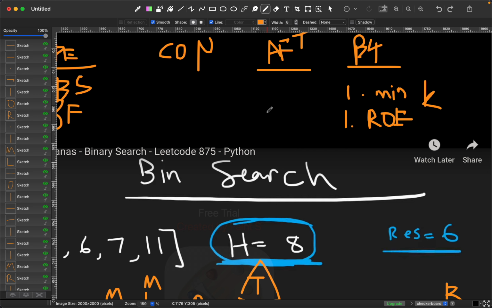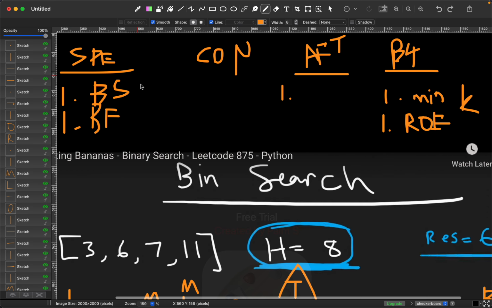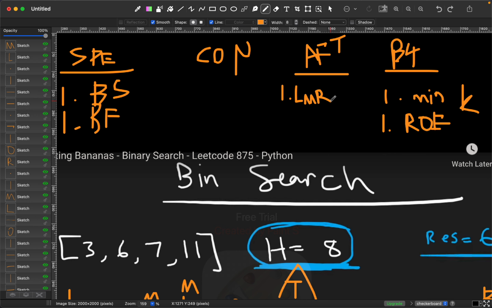But overall, the property we use is basically the binary search property using the left, middle, right calculation for us to find the most optimal way that I can use my rate of eating, right?